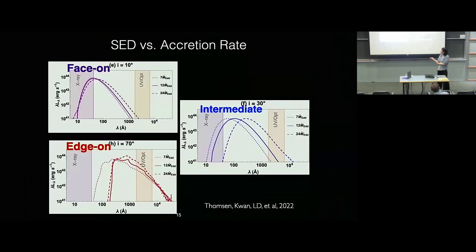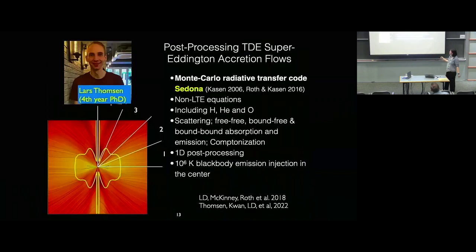So for the post-processing, I agree that we are not certain about what that luminosity would be. We basically just injected some luminosity and see what comes out. Yeah, I guess I meant in the GR radiation MHD simulations. Oh, in the GR, yeah, we see more beaming happening at smaller inclination, right?